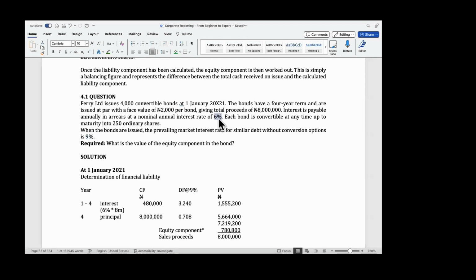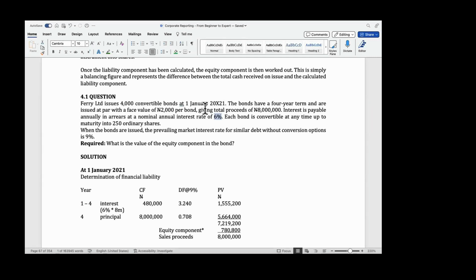This particular borrowing is very attractive and is less risky because I've given the lender the option of converting to shares. So whenever somebody borrows money, the lender is exposed to what we call financial risk, which is a risk that I might not pay back.